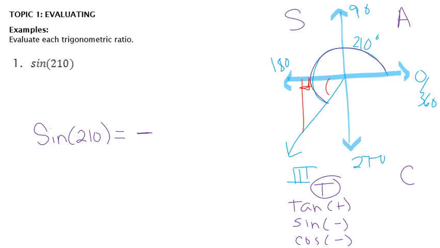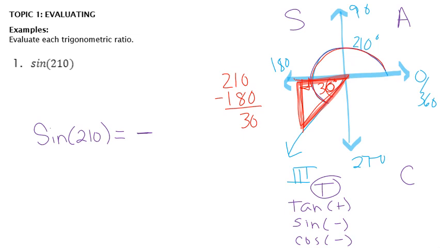So we sketched it, we found whether the sine is positive or negative, and now we're going to create a right triangle with this. I'm going to use a reference angle. If this is 210, this is 180. If I subtract, I get 30 degrees. So I have a triangle with a 30-degree angle. Up to this part, this really isn't anything too brand new. We sketched the triangle, I found a reference angle, and I saw that sine is going to be negative in that quadrant.